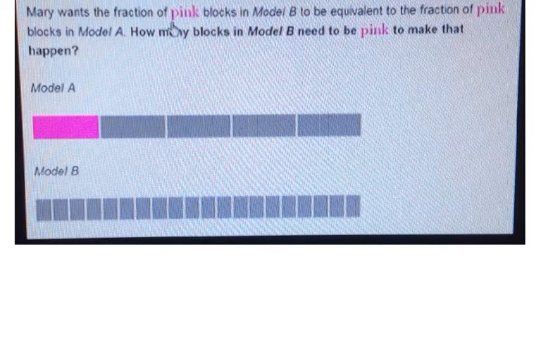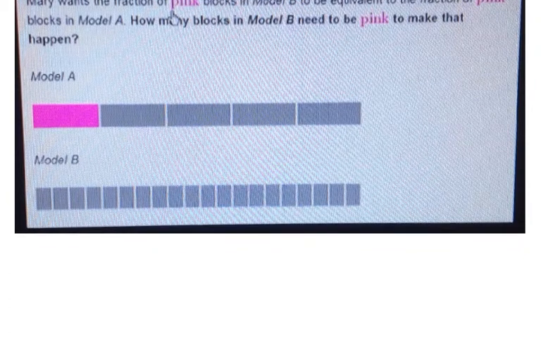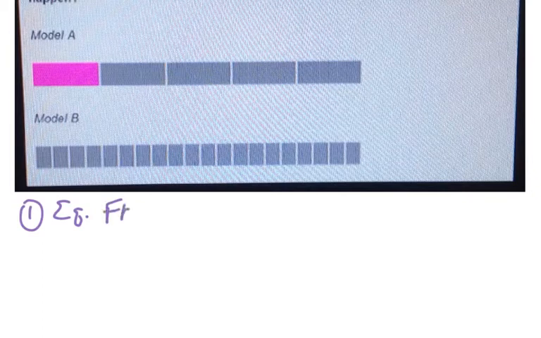So, Mary wants the fraction of pink blocks in model B to be equivalent to the fraction of pink blocks in model A. How many blocks in model B need to be pink to make that happen? So, if we're looking at our quint, we know that this is an equivalent fractions problem.